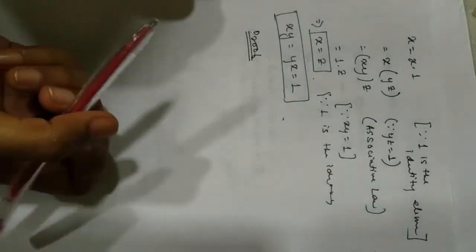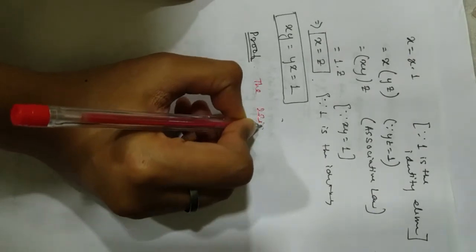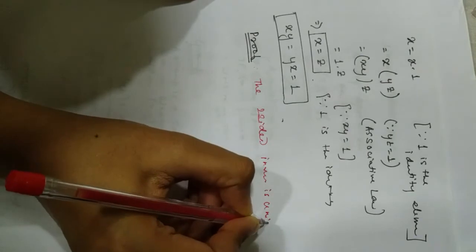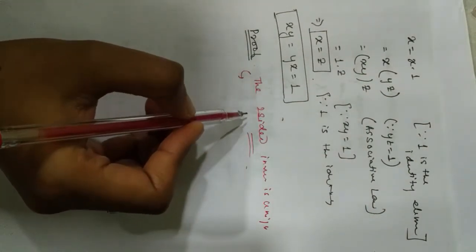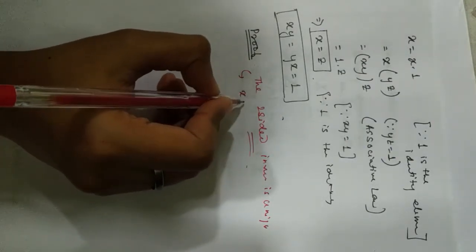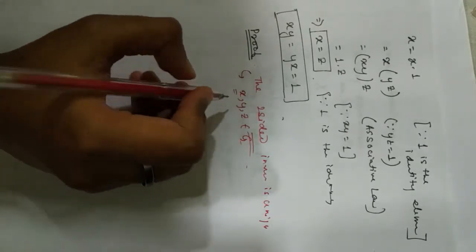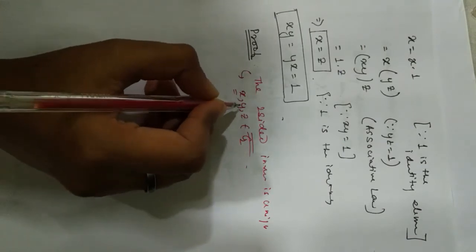That means you have to prove that the two-sided inverse is unique. It is just a two-line proof. I am giving you the hint how to do it. You will consider two different two-sided inverses. That means, say we have elements x, y, z belonging to a group, and we are considering x has two-sided inverses y and z.